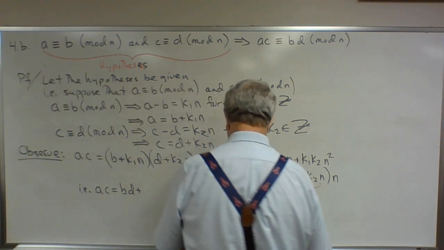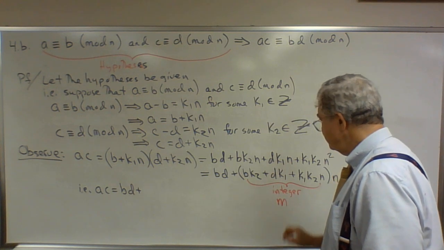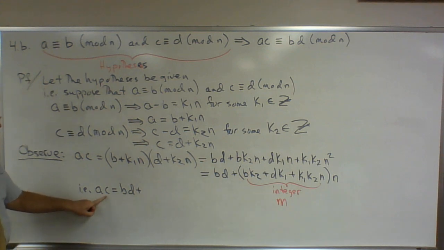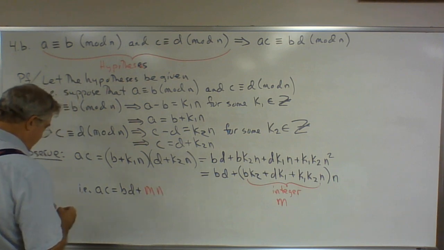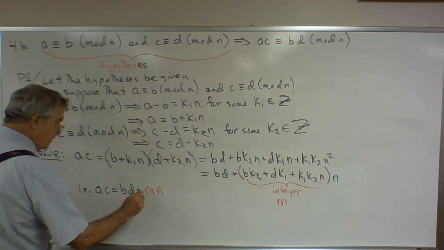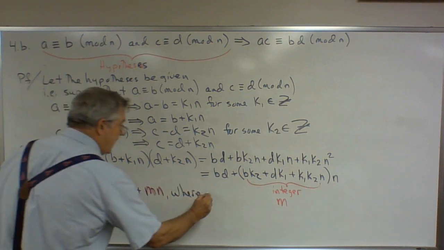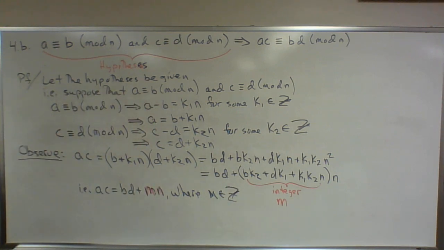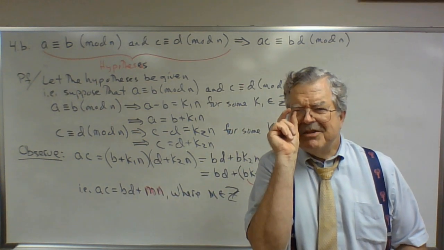I'm going to call this whole thing M, and just say that AC is equal to BD plus MN, where M is an integer. So, okay, I'm not done yet. I thought I was, but I'm not.